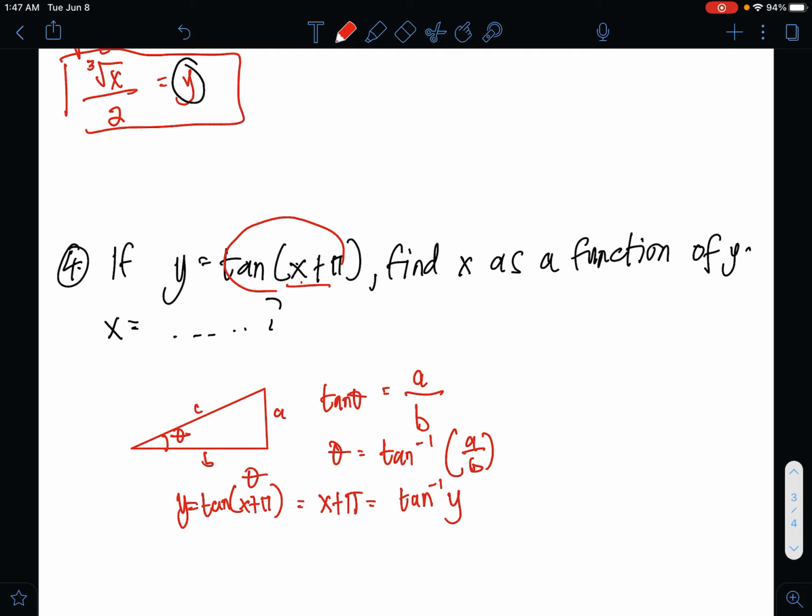So theta is equal to arctan, then kung unsa ang naa sa right side which is y. So kani dire ang naman dire is a over b. Okay so therefore we will have, express man siya as x is equal to arctan of y minus pi. So this is your final answer.